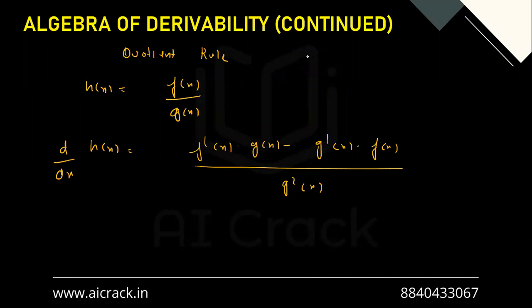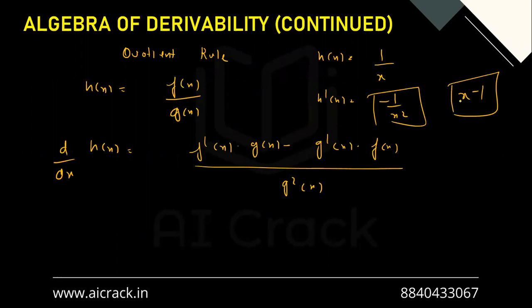Let's say we have a function h(x) that is 1/x. So here 1 is f(x) and x is g(x). We know that h'(x) equals minus 1/x², with the help of the derivative of x to the power minus 1. Now you can use the quotient rule over here. For f, f is 1, g is x.